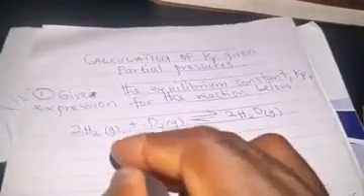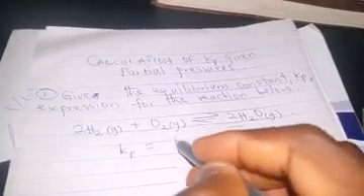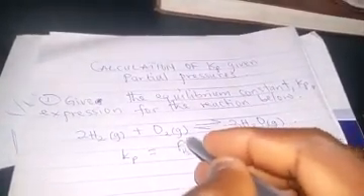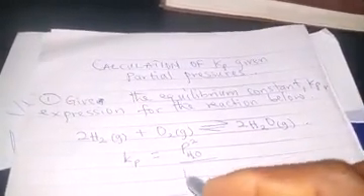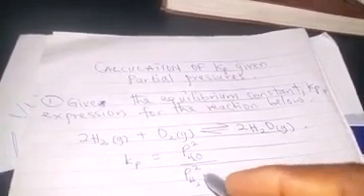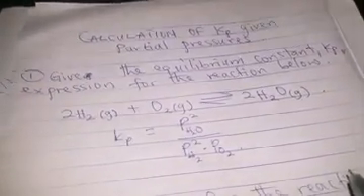So we can write that the equilibrium constant Kp is equal to the partial pressure of water raised to the power of 2, the number of moles, divided by the partial pressure of hydrogen raised to the power of 2, times the partial pressure of oxygen. That gives us the equilibrium constant Kp for the reaction.